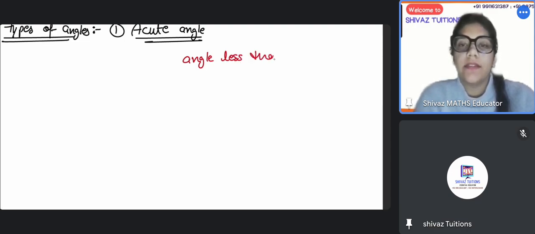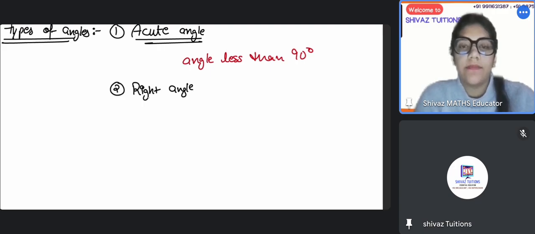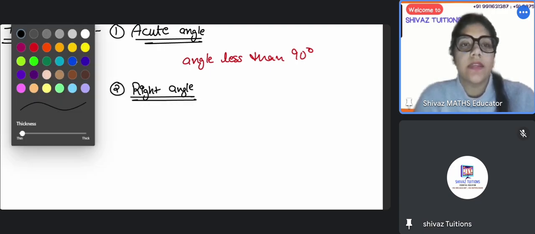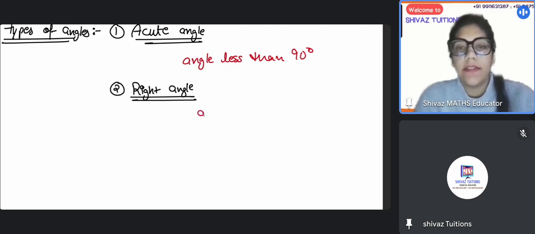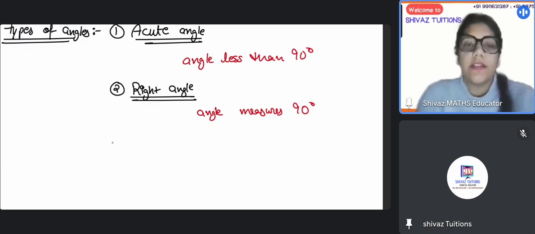Second, a right angle is 90 degrees, exactly 90. Good. Right angle. Angle measures 90 degrees.